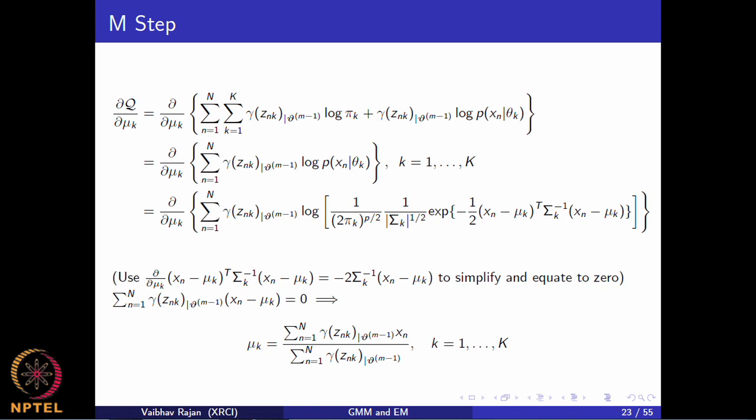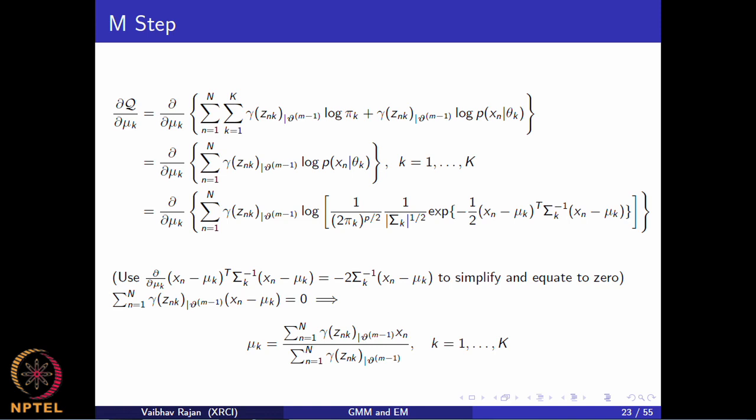So this is with respect to mu k, this whole term is not necessary, we focus only on this term. For each of the different components, you get the entire normal distribution here, and no summations. The log of this is exactly the same derivation as for a single Gaussian, and you use matrix derivatives to get very simple forms.